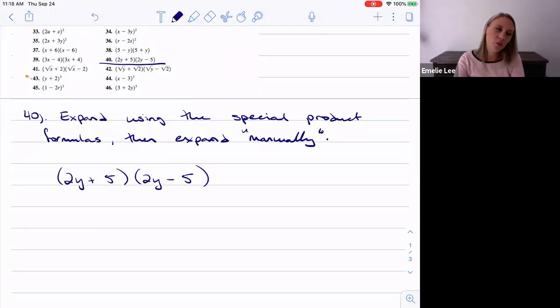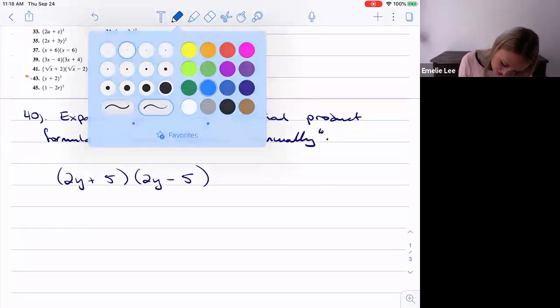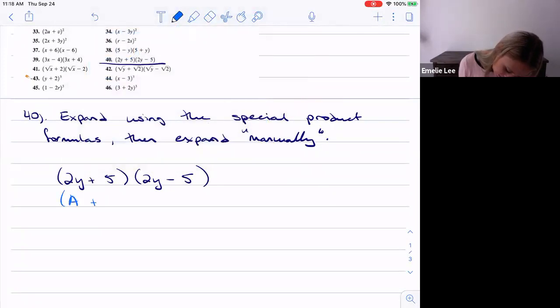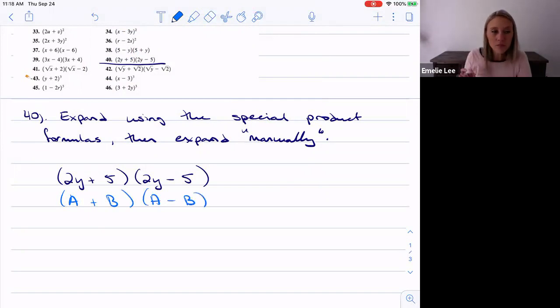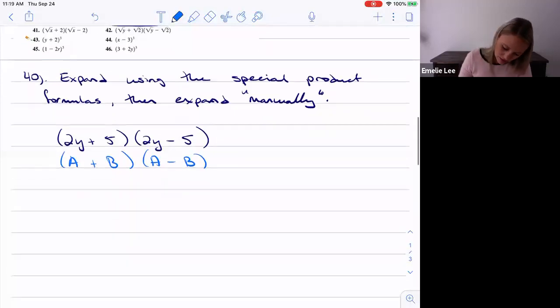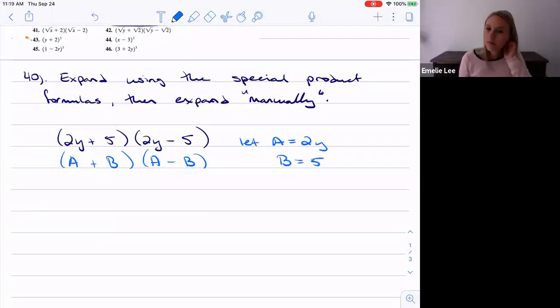So I've got 2y, I can let that be my a, and 5 be my b, right? And so here I've got a plus b times a minus b, right? If I just let a be 2y and b be 5.